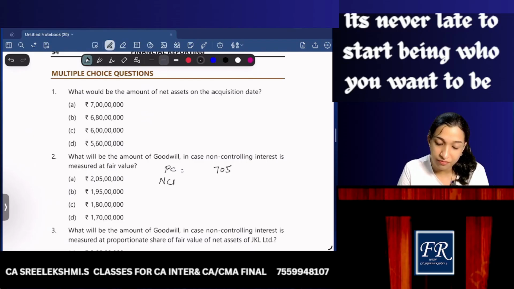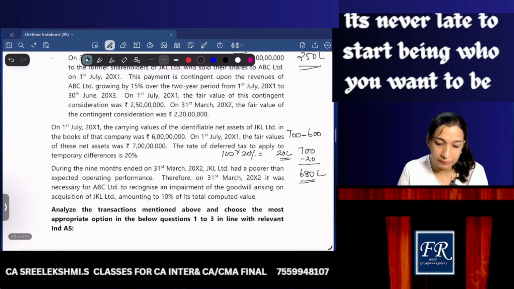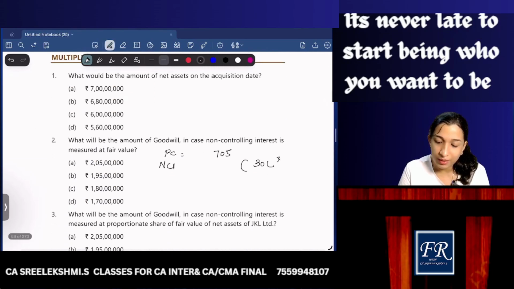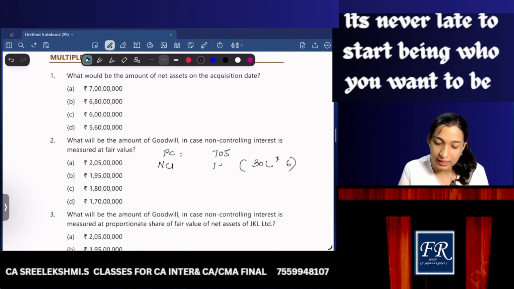NCI is, if it is fair value, 120 lakhs into 25%, 30 lakhs is outside shares into what is the fair value per equity share of JKL? 6 rupees. So NCI is coming to 180 lakhs.